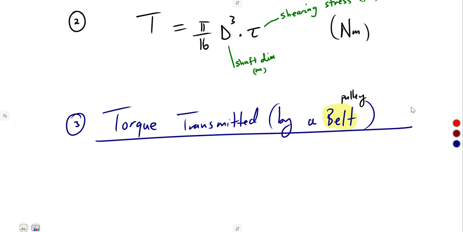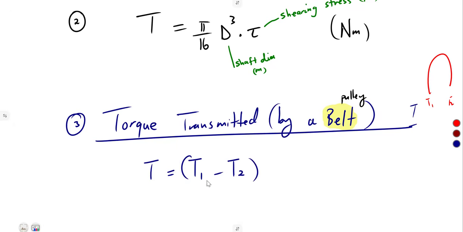We are talking about the torque, guys, which is T. But in the calculations now, remember, as you consider the belts, you'll consider the tensions T1 and T2. So the torque is calculated from the effective tension, which is T1 minus T2, the effective force, times what?